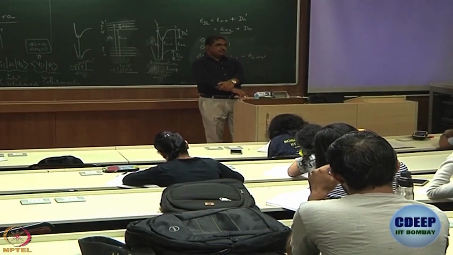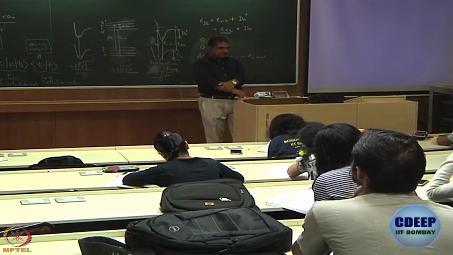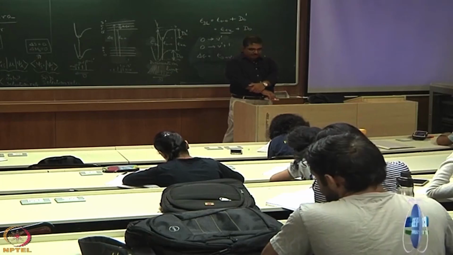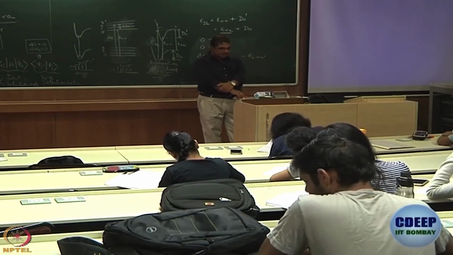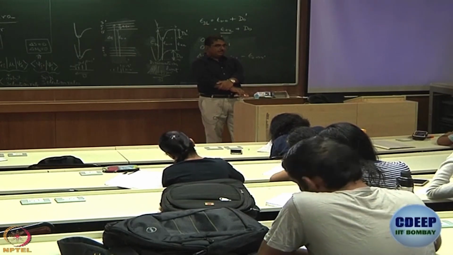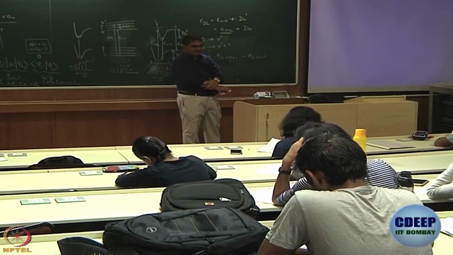So, v dash plus 3 by 2 into nu bar v minus v dash plus 3 by 2 whole square x c nu bar v. From that you have to subtract v dash plus half into nu bar v minus v dash plus half whole square x c into nu bar v, right. What is the expression?